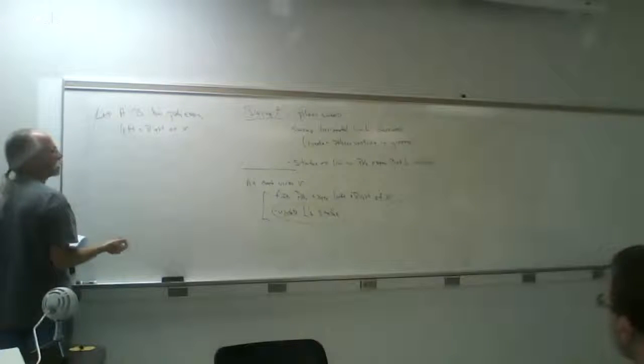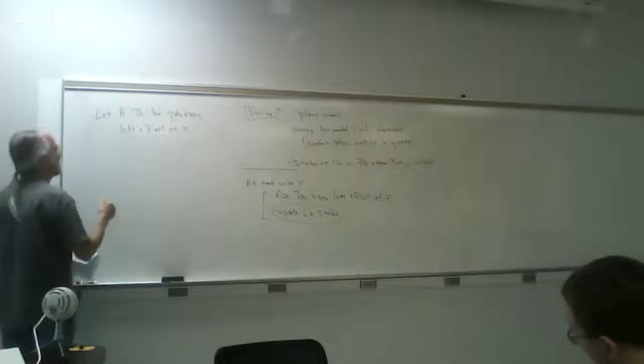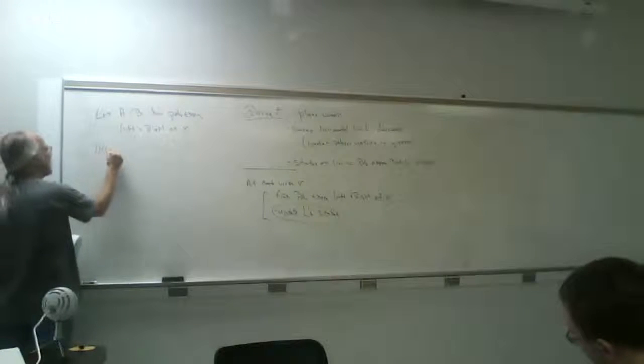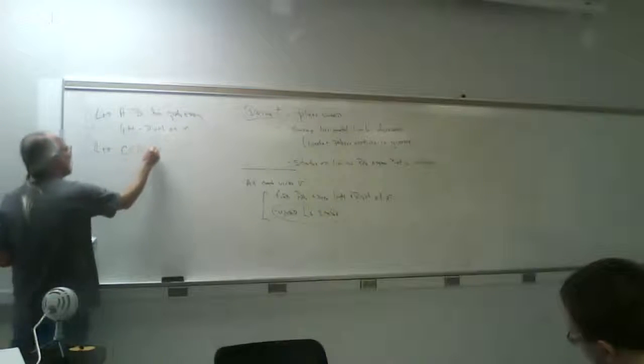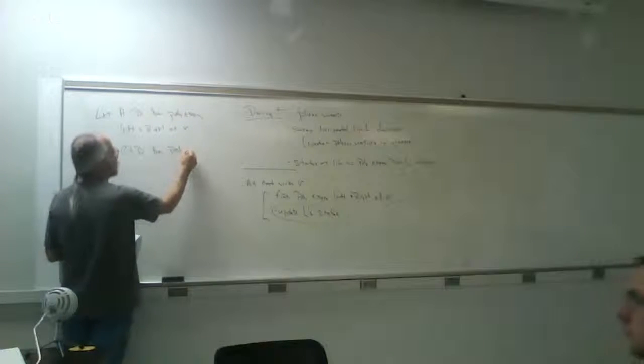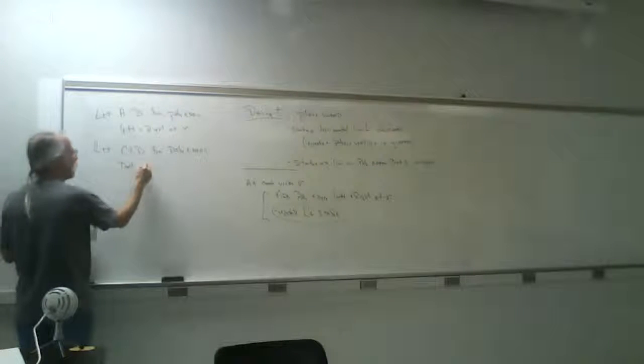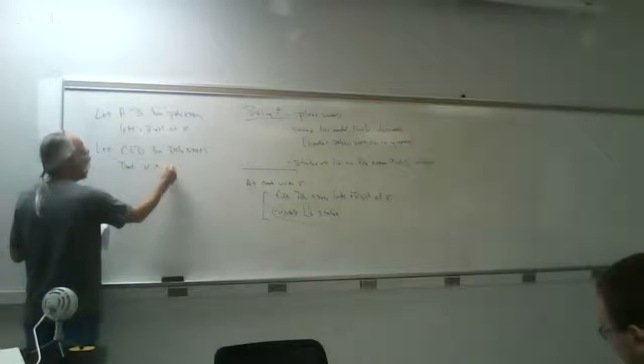V is a vertex, so it's got segments that are incident to it. So let C and D be the poly edges that V is on.